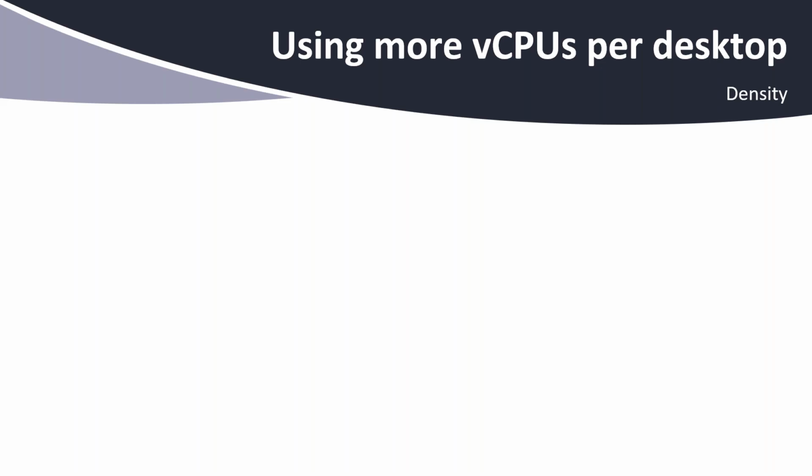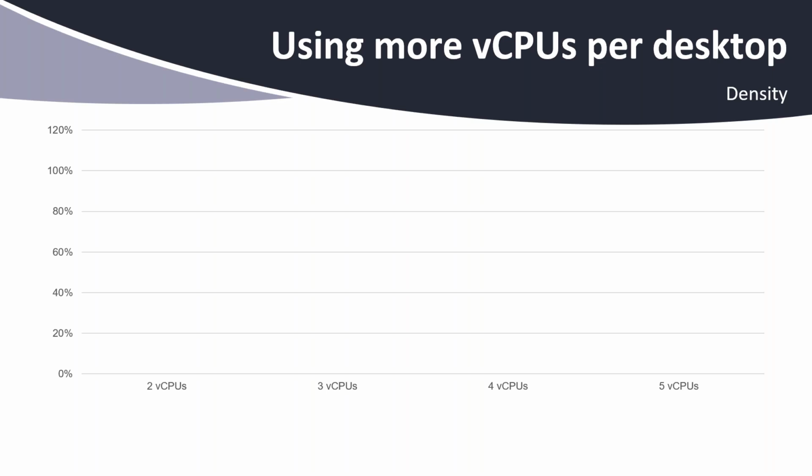But what happens if you add more vCPUs in terms of density? Because adding more vCPUs means a much higher oversubscription on your physical CPU. So there's a higher ratio between the physical cores and the virtual cores.